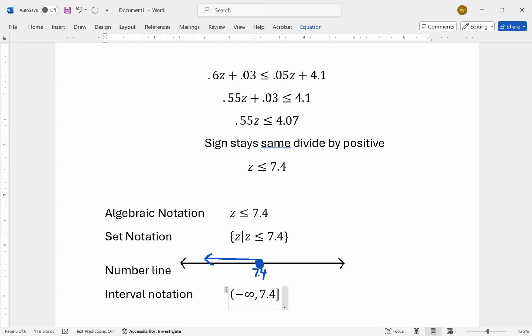In this case, we use a square bracket because we have the equality. Since we have the equality, we get a closed circle and a square bracket on that numerical value. So that's how we solve linear inequalities.